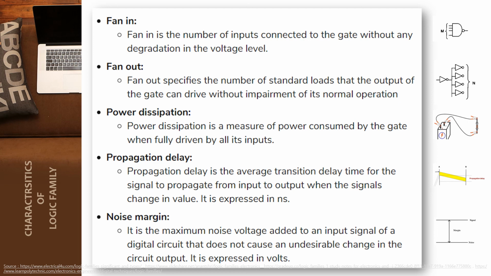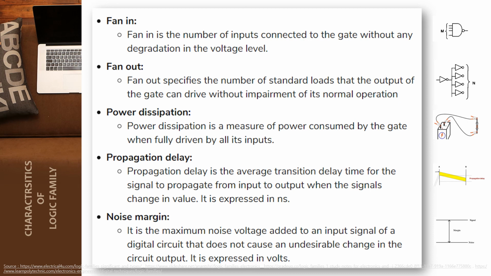When you are inputting something, for example 5 volts you are applying, but it might be possible that sometimes it goes 6, 7, 8, 9 or 10, but if you apply 11 volts, there might be damage in the device or a change in the output. In that case we can say that 10 is the noise margin, right? Because we cannot exceed that 10, so the margin is 10, that we call the noise margin.